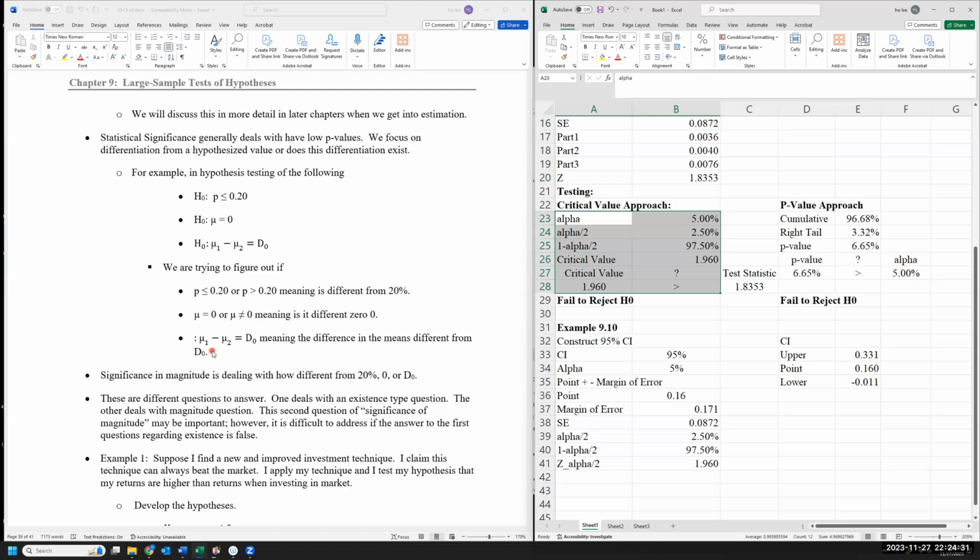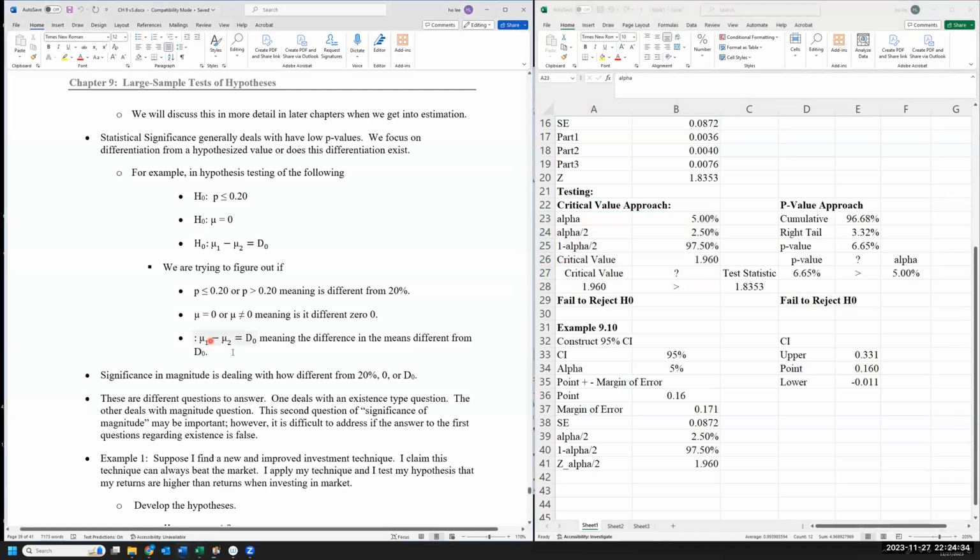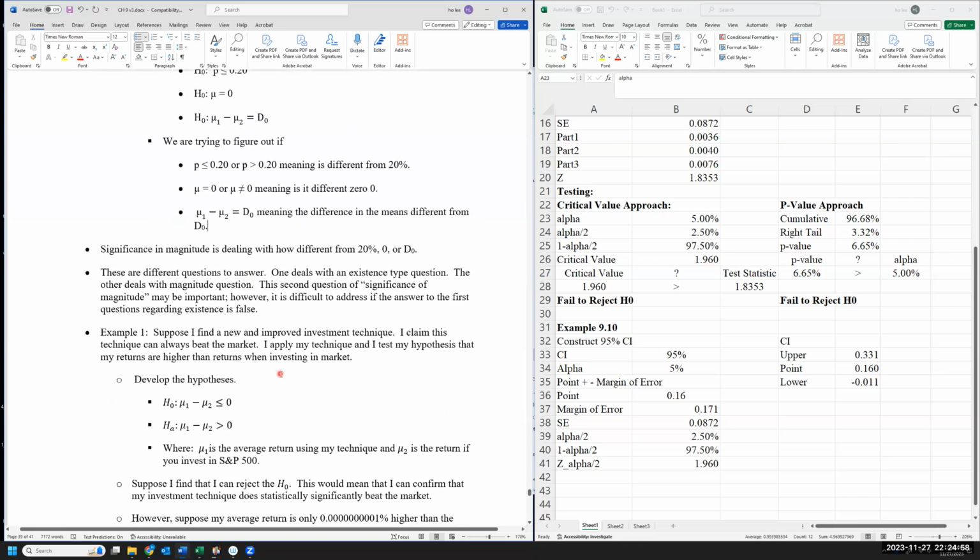Or here, is the difference in the two population means equal to some d naught or not equal to? Okay. Significance in magnitude deals with how different from the 20%, the 0 or d naught. These are different questions. And that's a different question to answer.